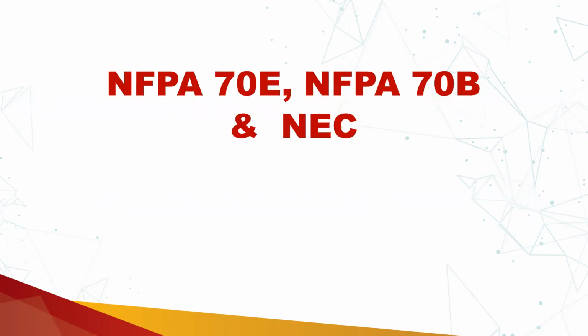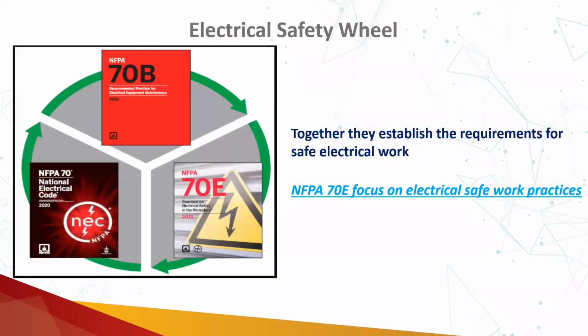Moving to the next one, NFPA 70, 70E, 70B or NEC. What's the difference between NFPA 70, 70E, 70B, and NEC? These are basically the three legs of a table. If any one leg is broken, you might not be able to create a safe working environment for the people who are working around those electrical equipment.